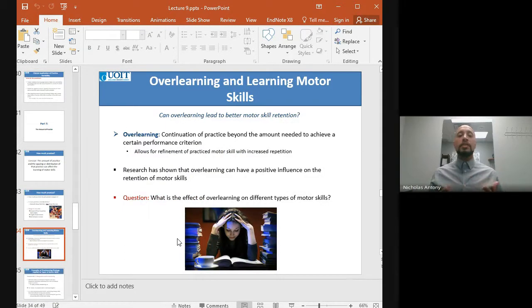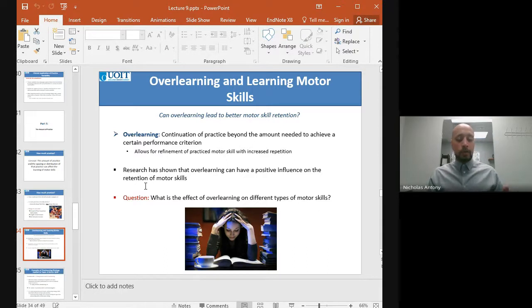So this first concept is this idea of overlearning. Can overlearning lead to better skill retention? In research, the term overlearning means continuing practice past a point where they've already learned a skill to a particular criterion.